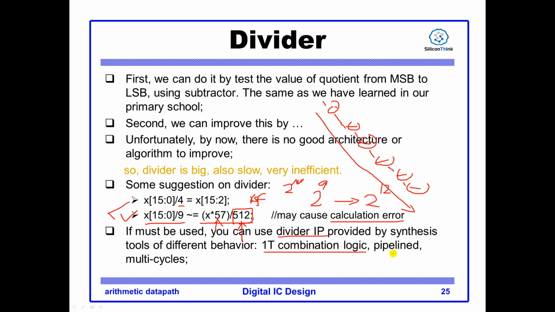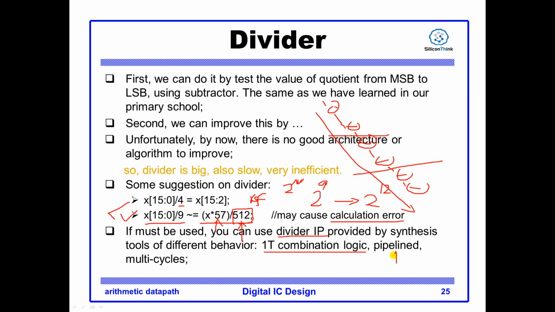And the pipeline architecture, okay, as the delay of divider is very big, we usually use pipe. So you can insert pipe registers at this point.